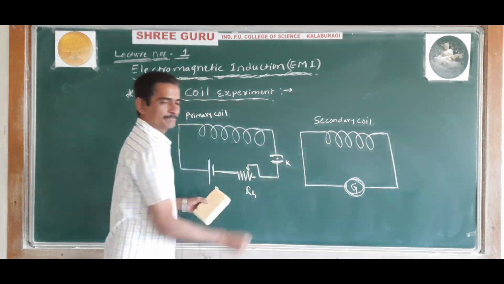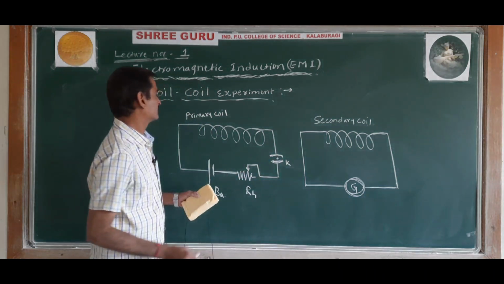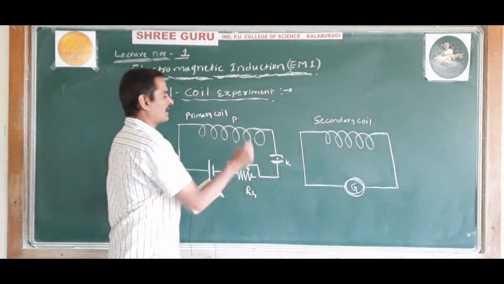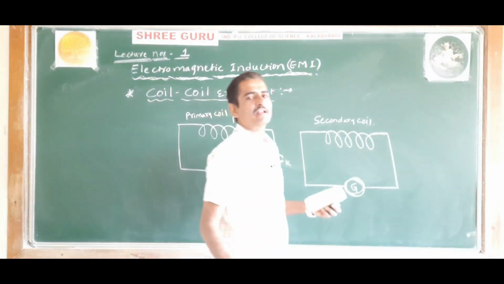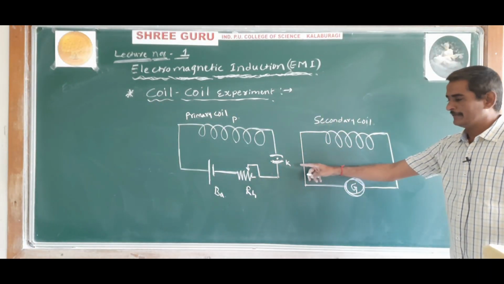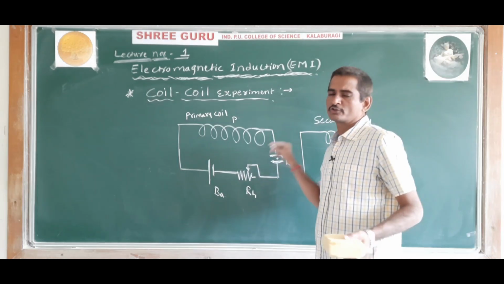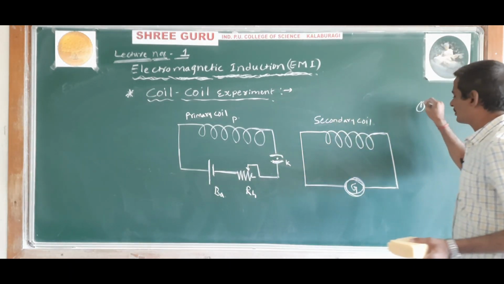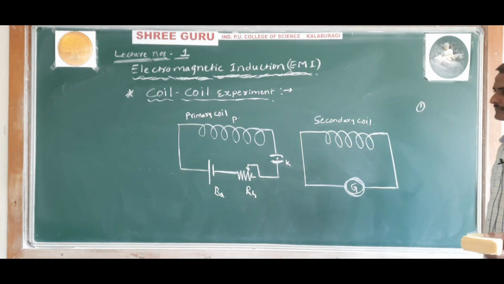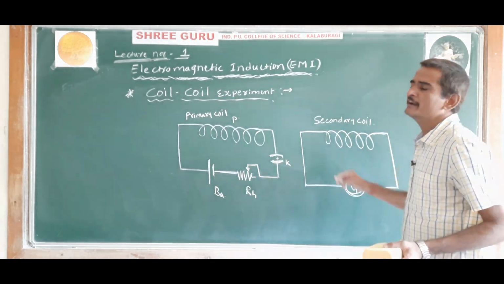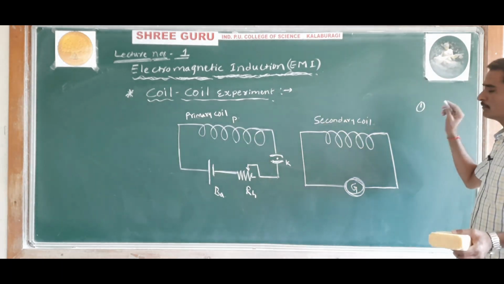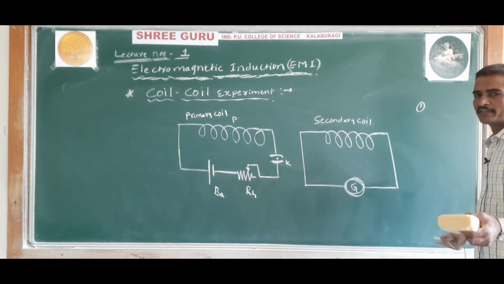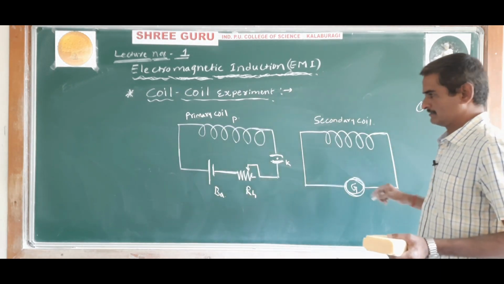When the plug key in the primary coil is switched on or off, the galvanometer shows a sudden deflection in one direction and then in another direction.